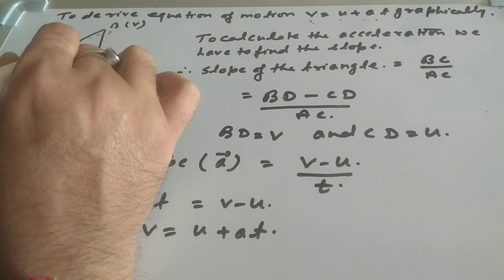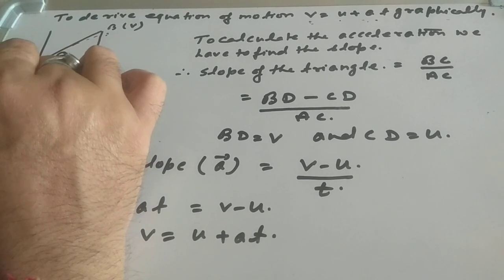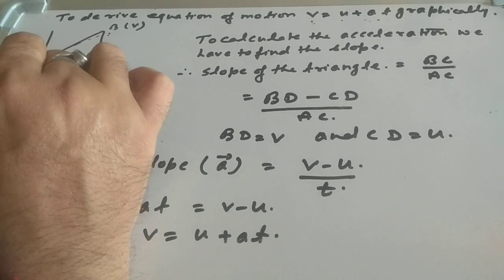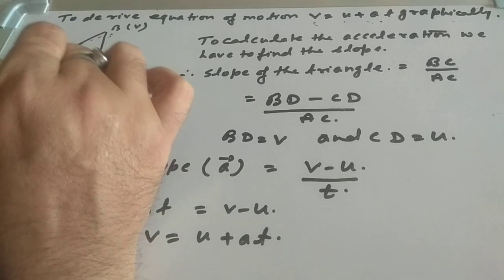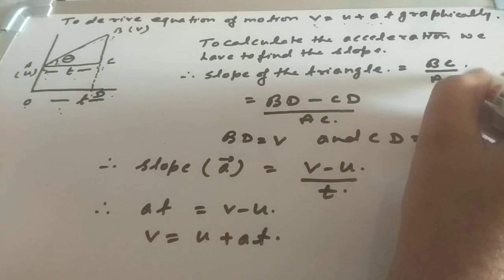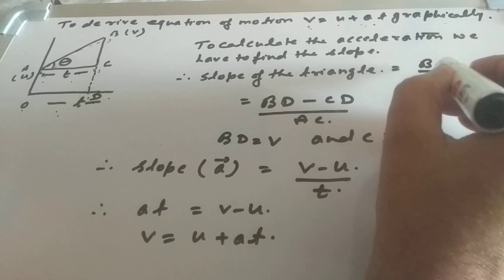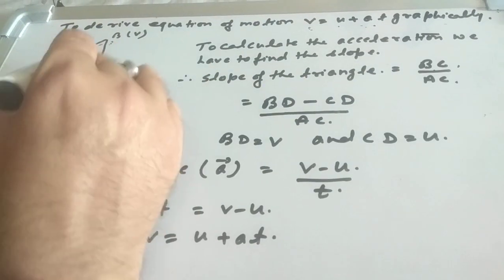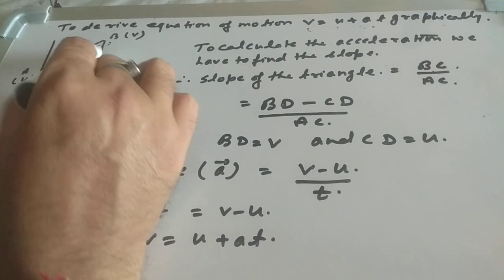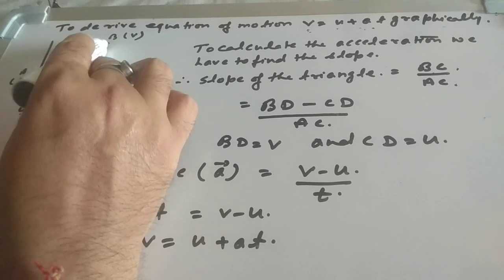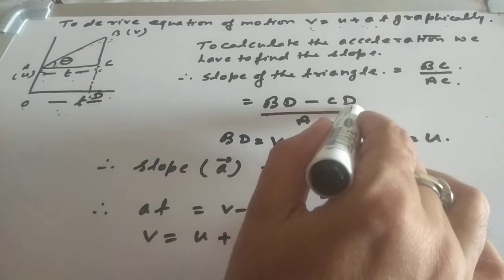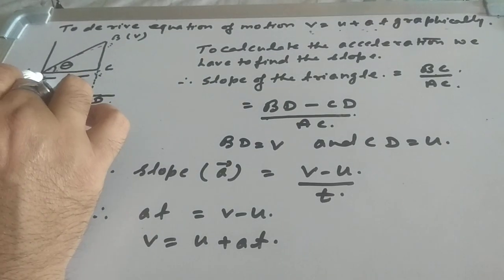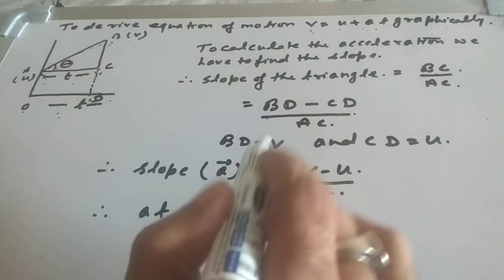I have not used tan theta here, but remember this slope of the triangle is the acceleration, and that slope is BC by AC. Now what is BC? You clearly see that BC is BD minus CD, and AC is already AC.